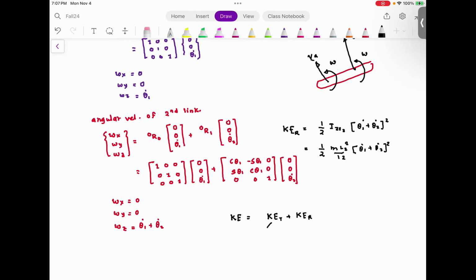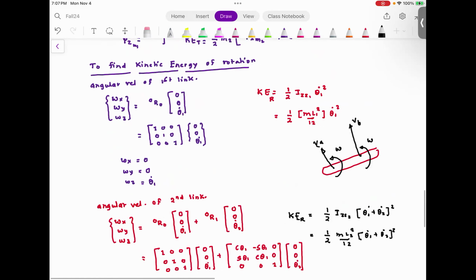So you are going to have kinetic energy of translation for mass M1, kinetic energy of rotation, kinetic energy of translation for mass M2, kinetic energy of rotation for mass M1, kinetic energy of rotation for mass M2, and then you are going to have a potential energy.